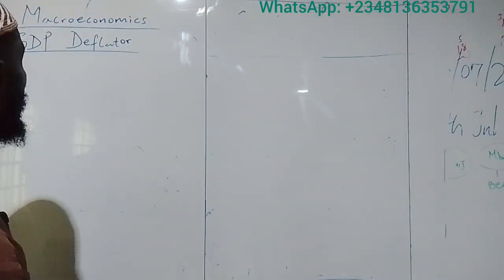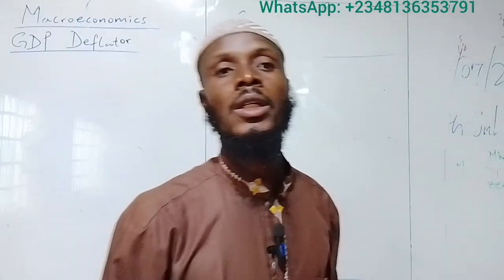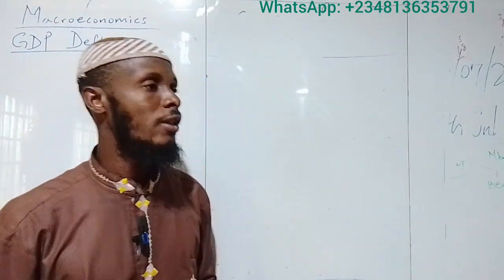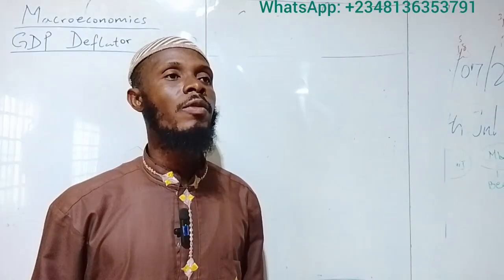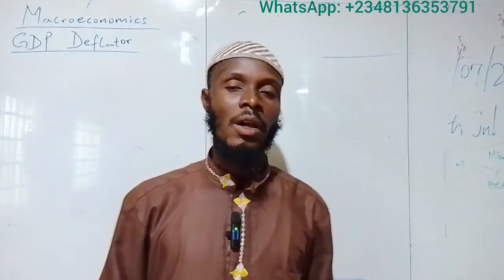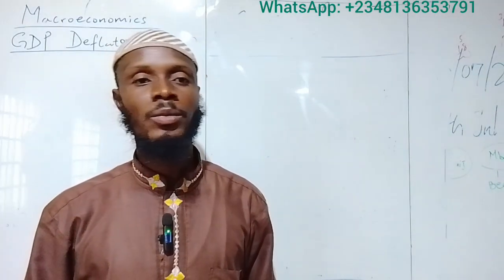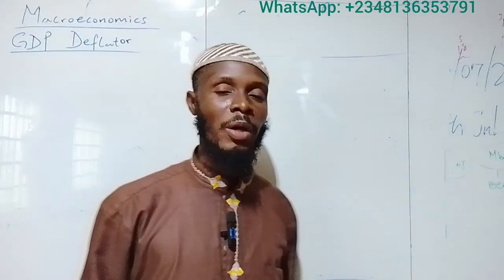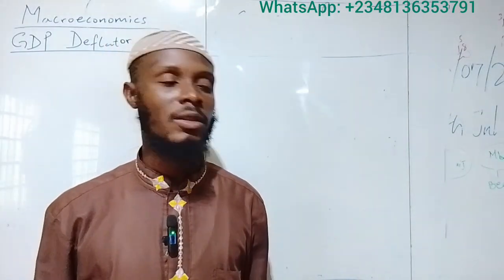Discussing GDP deflator. What is GDP deflator? GDP deflator is one of the ways of measuring the overall price level in an economy. Other ways of measuring the overall price level in an economy are the consumer price index and producer price index.